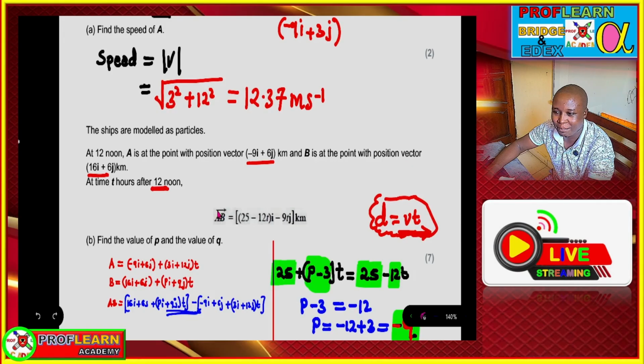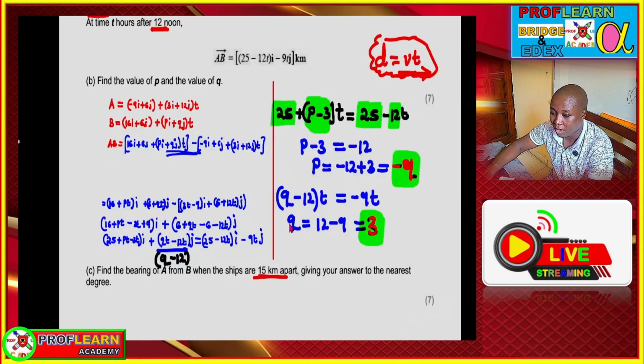In this particular part here, we were given that the general displacement between A and B is 25 minus 12t i minus 9t j kilometers. But in this case, we are focusing on 15 kilometers apart.